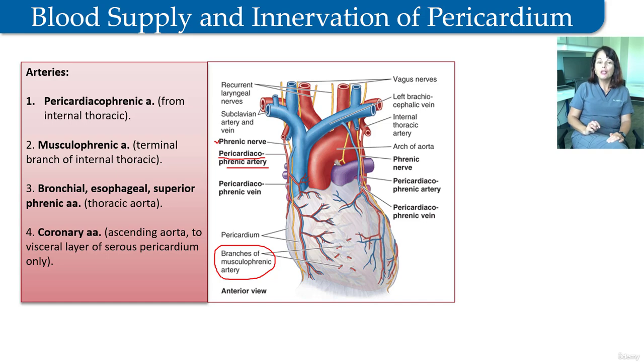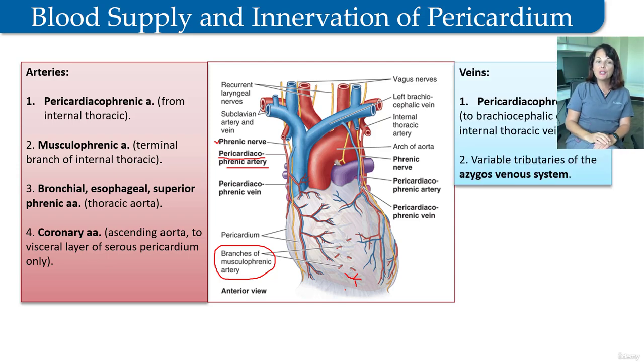Bronchial, esophageal, and superior phrenic arteries, branches of the thoracic aorta, contribute to the blood supply as well. And coronary arteries also supply some part of the pericardium, but exactly the serous pericardium which makes the epicardium.